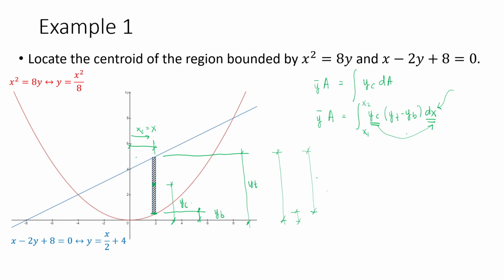Then you divide by 2 to get the centroid. So the formula will be even more complicated.